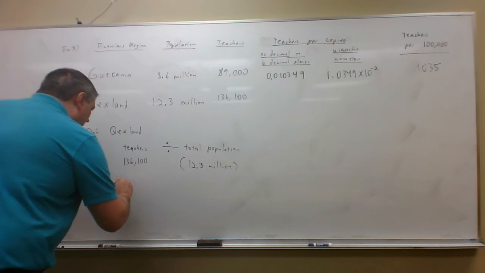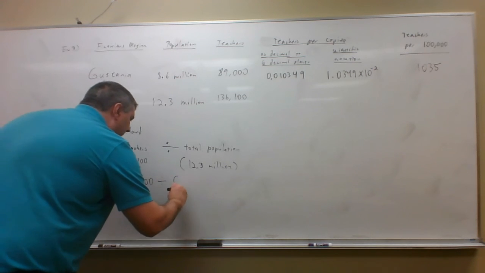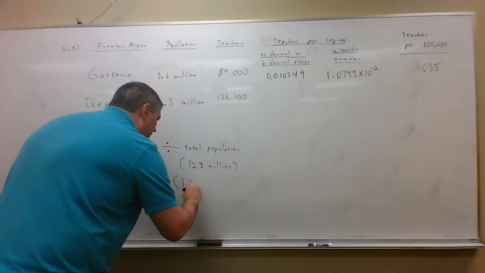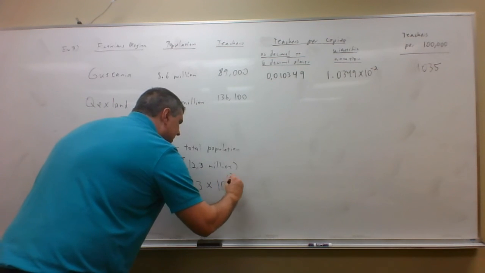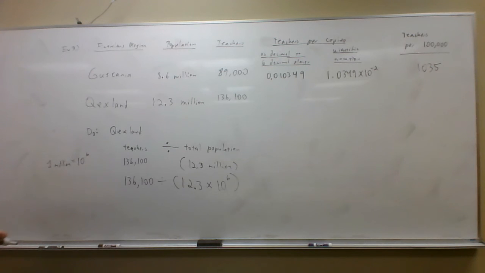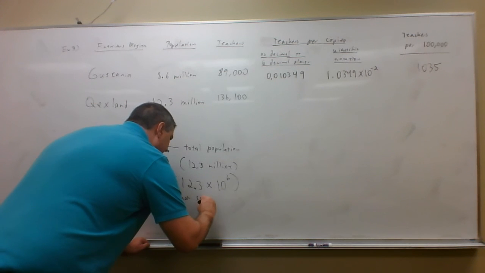So, I'll do 136,100 divided by, I'm going to convert this to 12.3 times 10 to the 6th. Now, technically speaking, this is not scientific notation because the decimal is too large.